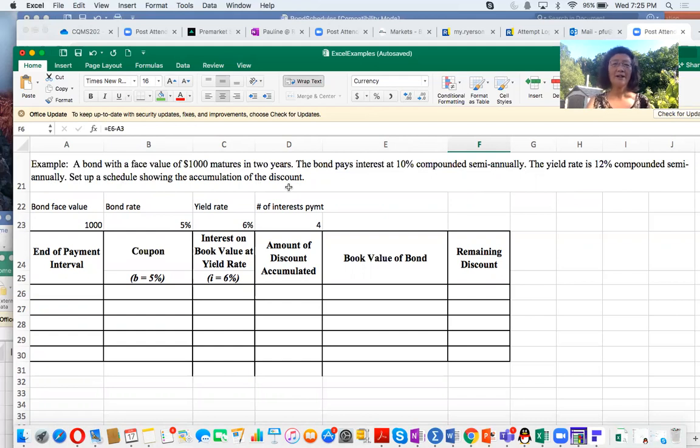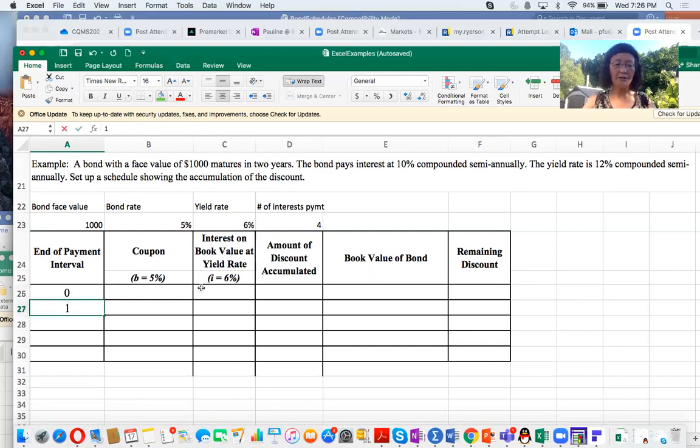So again, in this example, the bond rate of 10% is smaller than the yield rate of 12%, so there is a discount. And how do you create a schedule? So 2 years, there are 4 payments.